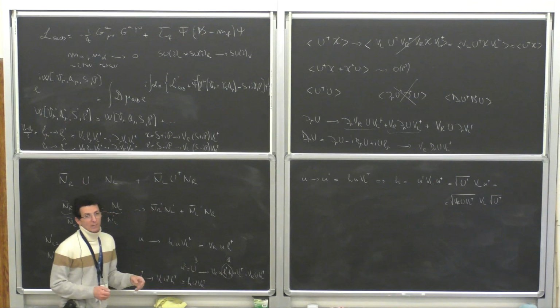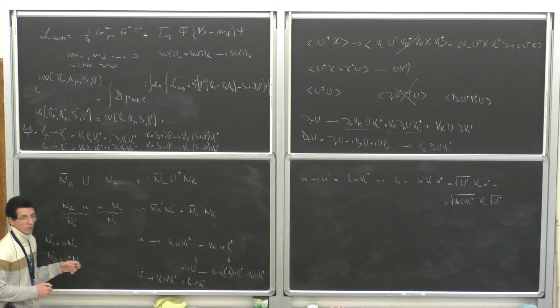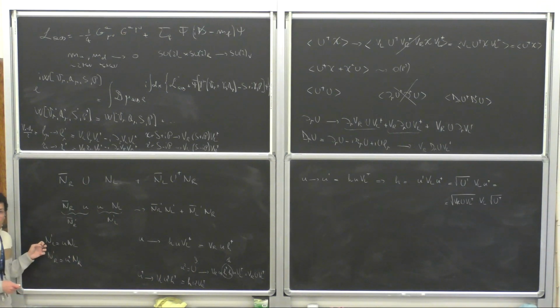And now we can ask about the transformation of the fields n prime. How do the new fields defined in this way, by dressing them with not the entire U, but the square root of U, transform?